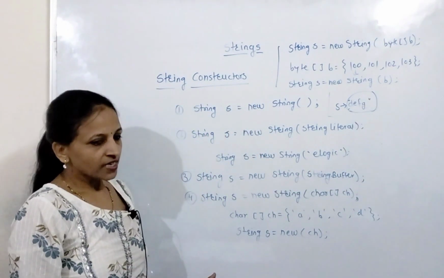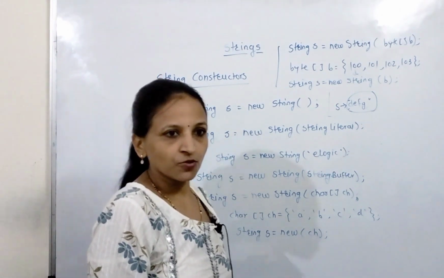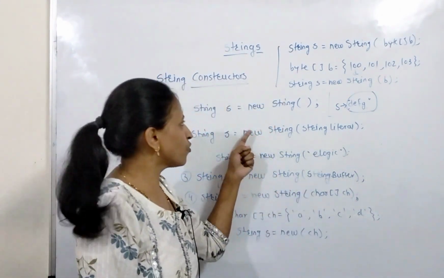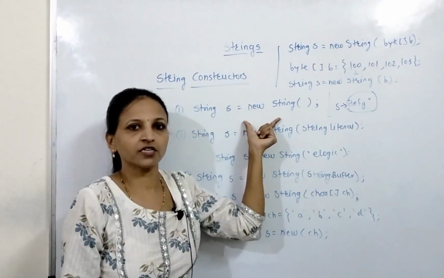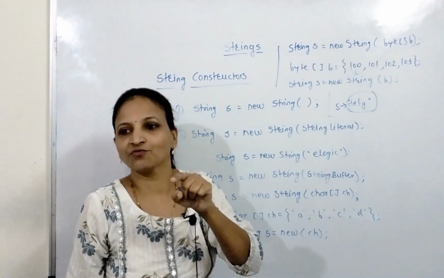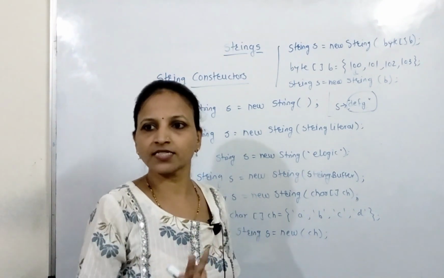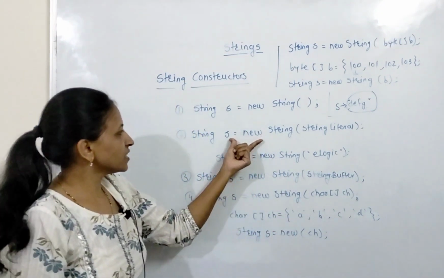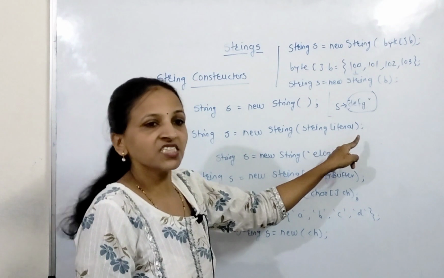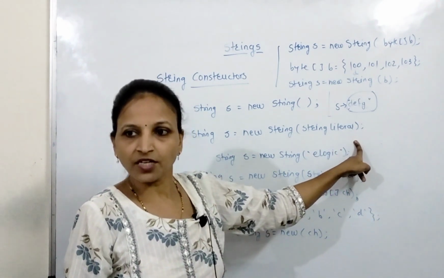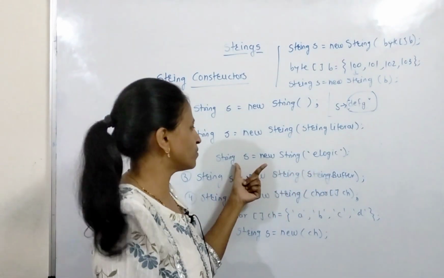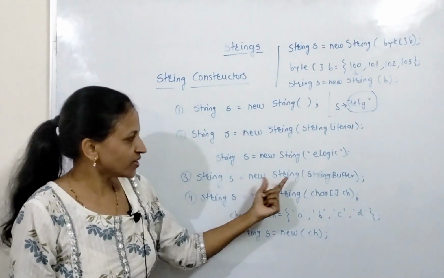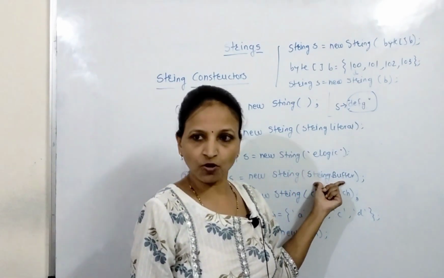These are just the 5 constructors you must know. The first constructor is the default constructor. If you are creating a string using the default constructor, then you should accept that string from the user, or you can just assign a string. Next, you can create a string by passing a string literal directly, in double quotes. Next, you can pass any string buffer object.